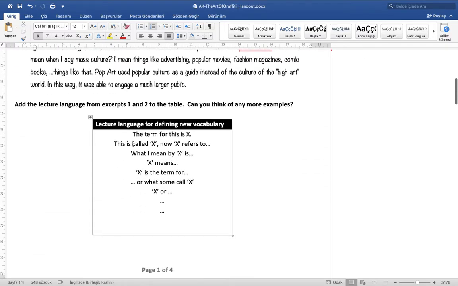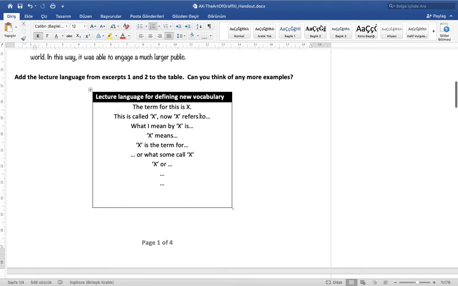So here we have a skill focus activity, which is about defining new vocabulary. These are the expressions that can be used when you define something, when you define a terminology or a noun phrase that you think will be useful for the listener.